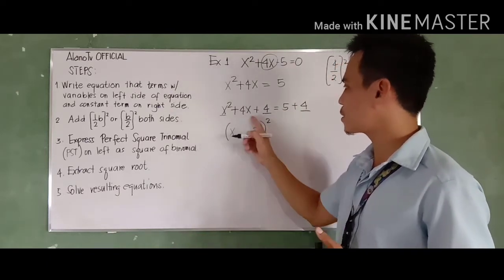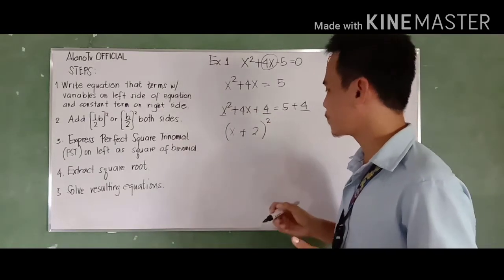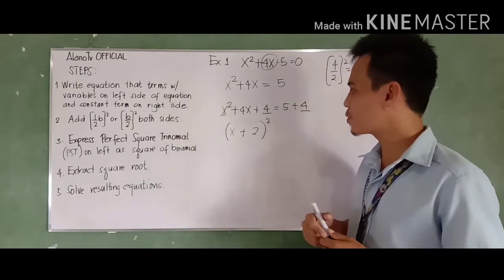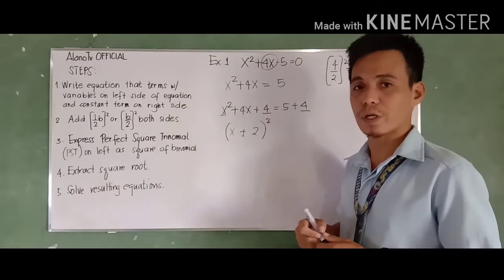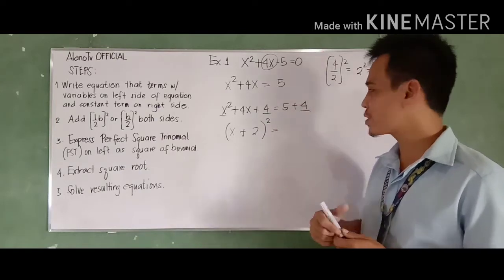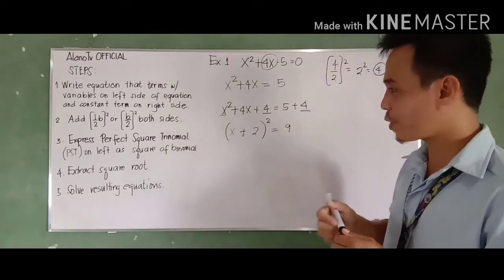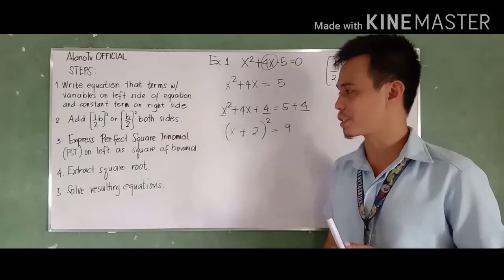So your sign there is positive since your b is positive. So we have x plus 2 quantity squared. Then performing the numbers on the right side, we have 5 plus 4 is 9. Okay, there you have it, our step number 3.